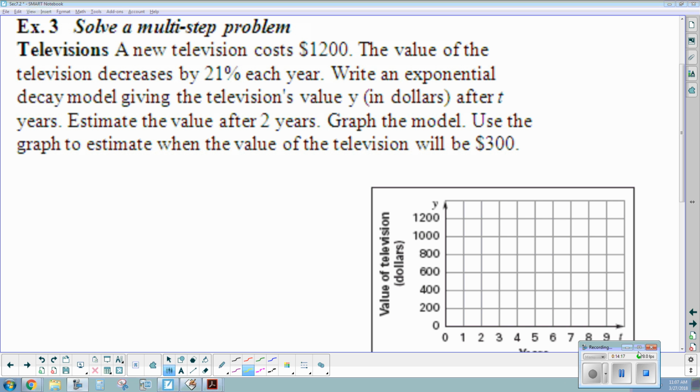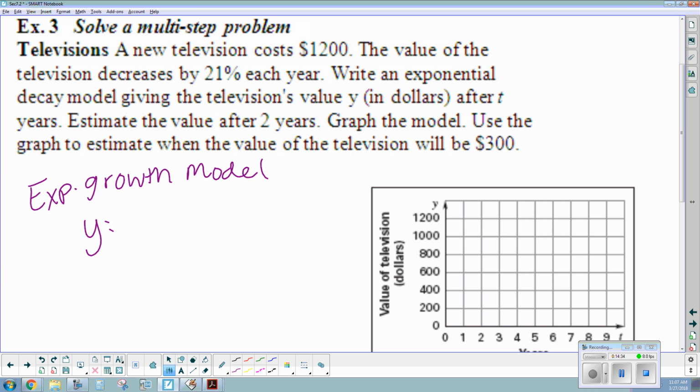So in this problem, we need a general formula for exponential decay. So let's think first about our exponential growth model. And for that model, we used y equals our initial quantity, or initial amount, times 1 plus our growth rate to the t power.